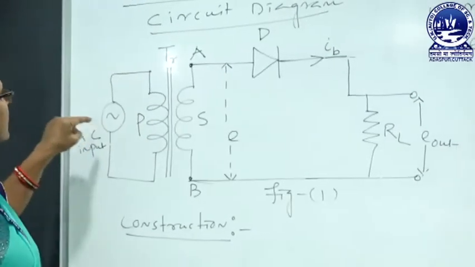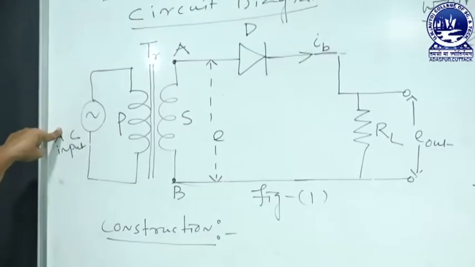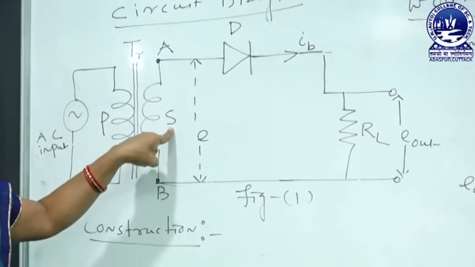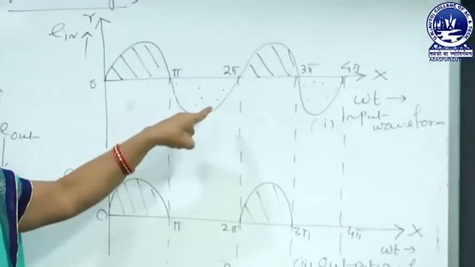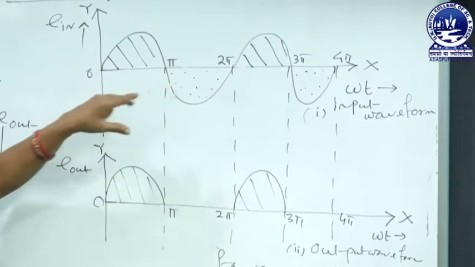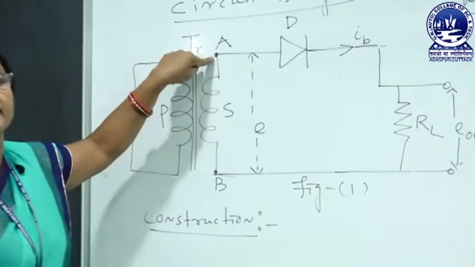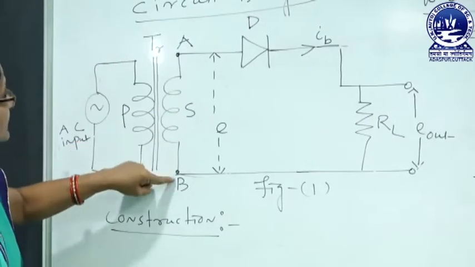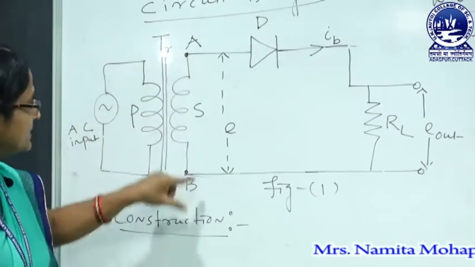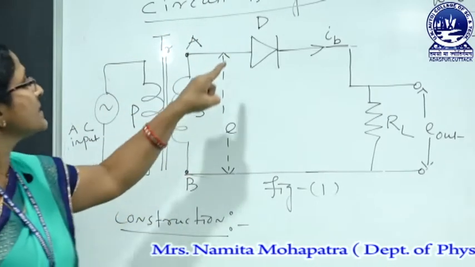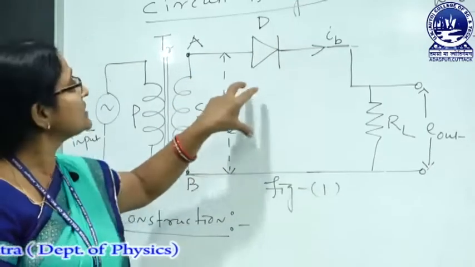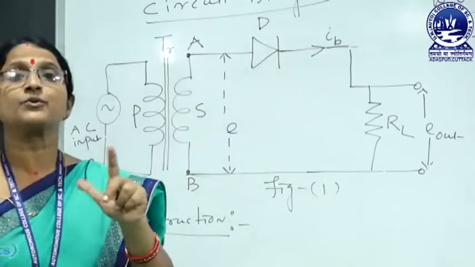Here the AC voltage across the secondary winding changes polarity after every half cycle. During the positive half cycle, the top end A of the secondary winding becomes higher potential, that is positive with respect to end B. That means the PN junction diode P is positive with respect to N, so the diode acts as forward biased.